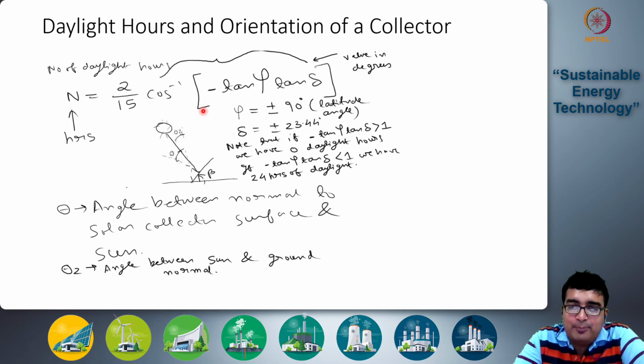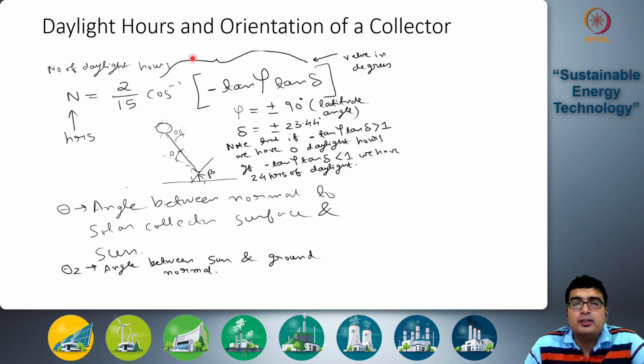If the value is greater than plus 1 or less than minus 1, then you have either 0 hours of daylight or 24 hours of daylight, because the result becomes non-physical. So if minus tan psi tan delta is greater than plus 1, you have 0 daylight hours. And if minus tan psi tan delta is less than minus 1, you have 24 hours of daylight. That way you can find the number of daylight hours at this location.